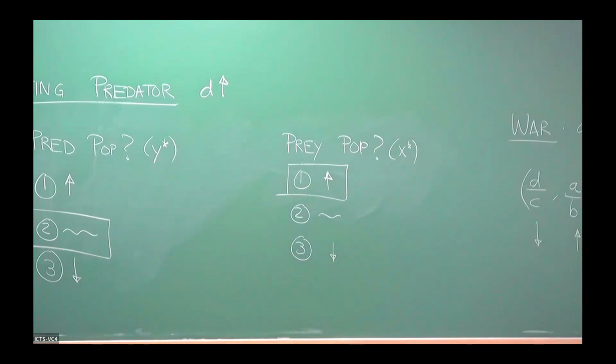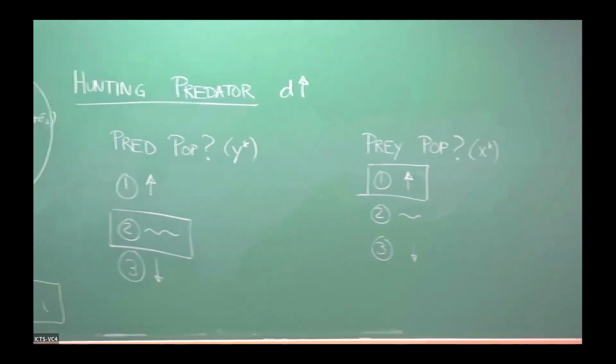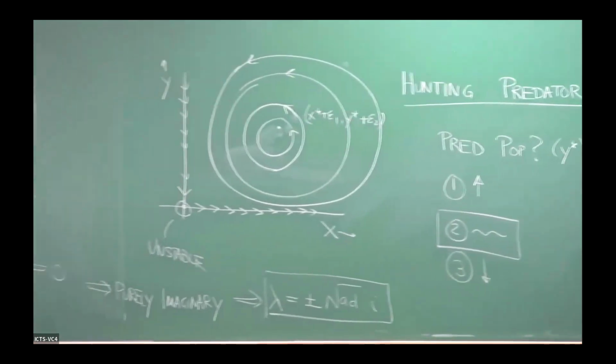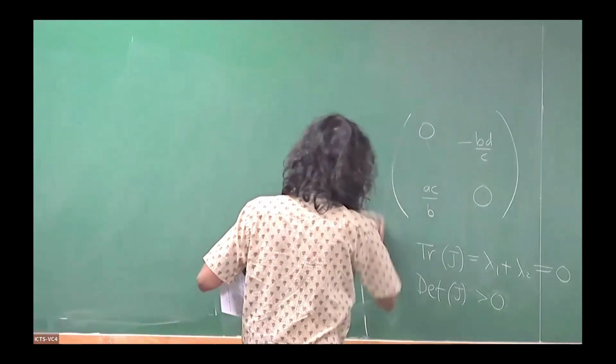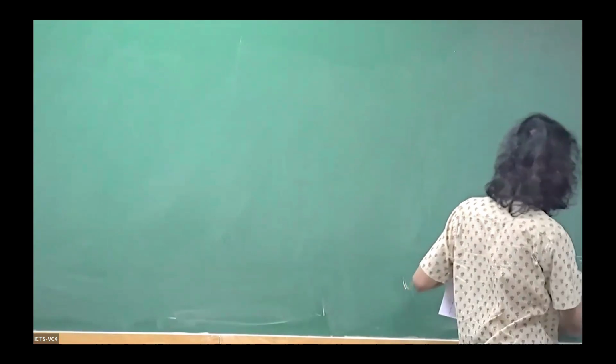All right. So there's one of the assumptions of this model that we were talking about, which was this assumption that the prey grow exponentially in the absence of the predator. And we might want to change that. Why is that? There's some reason that we don't like these neutrally stable orbits.